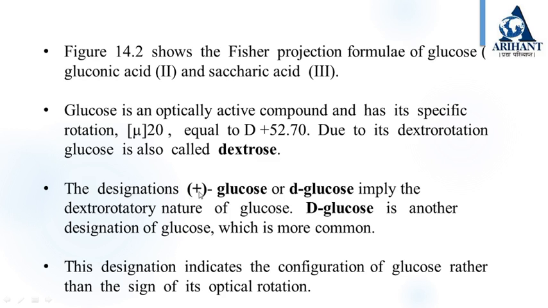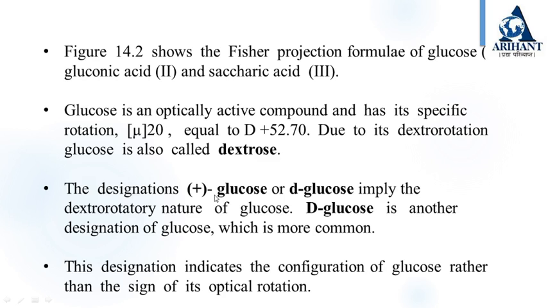So whenever we say plus glucose or small d glucose, it indicates dextro-rotatory or levo-rotatory nature. If the substance rotates the plane polarized light to the right hand side, we call it dextro-rotatory, and we assign a plus sign or small d to that substance. And if it rotates the plane of polarized light to the left hand side, we call it levo-rotatory, and we indicate this by a negative sign or small l.